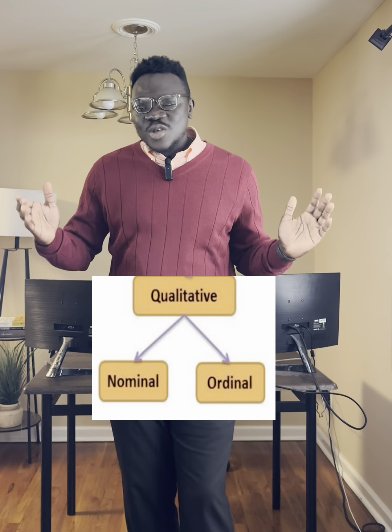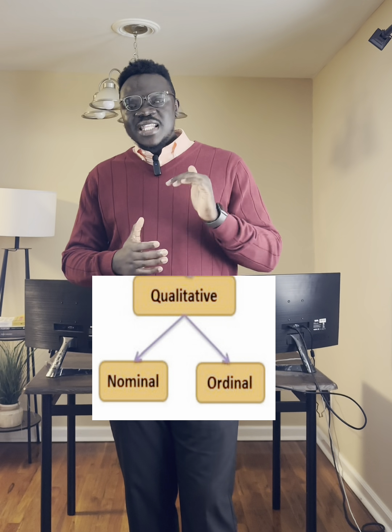So simple. Now, whenever you have qualitative data, we can subdivide it into two types. The first one is ordinal and the second one is nominal. What is ordinal?